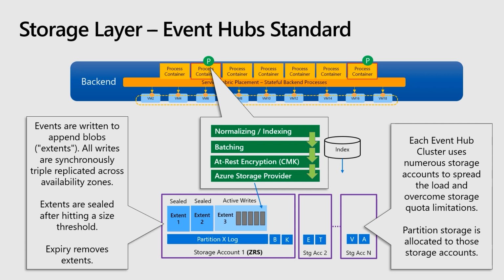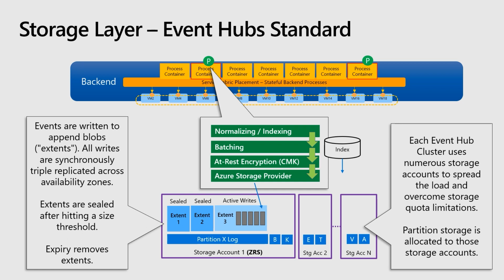The writing happens from the backend, first of all normalizing the data and indexing it. So that's indexing the events effectively for faster retrieval. Then we're doing some level of batching if we can. And then we run through the optional at-rest encryption model. And then we basically go to the storage provider and write that out to the store.